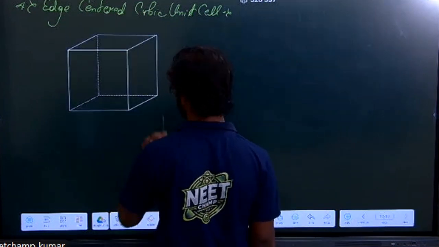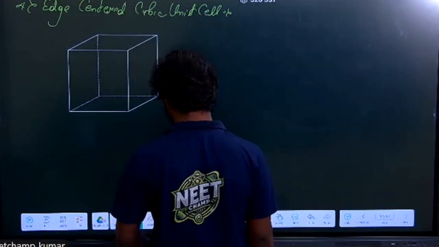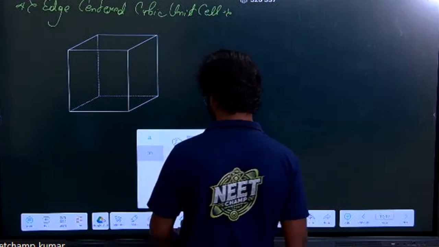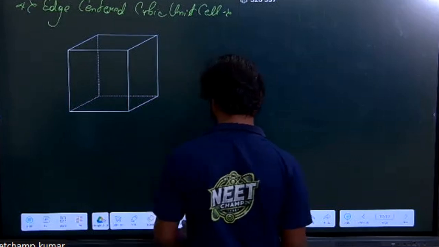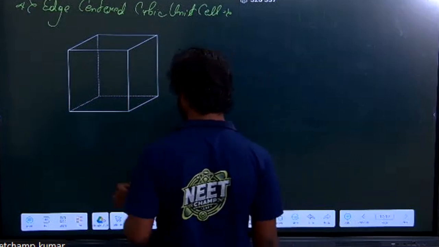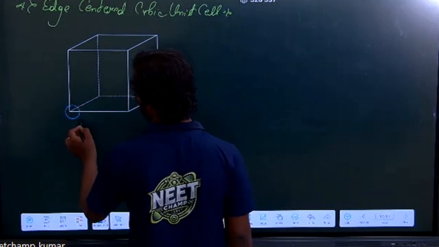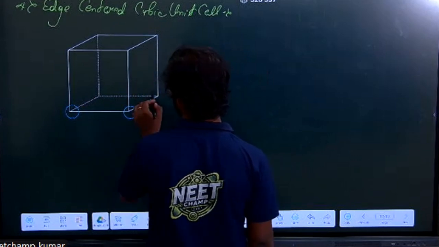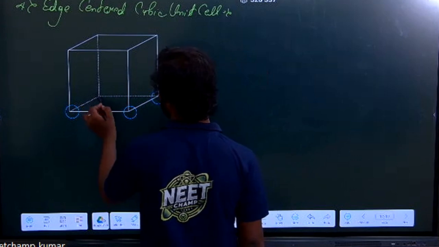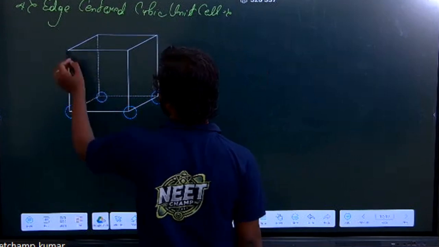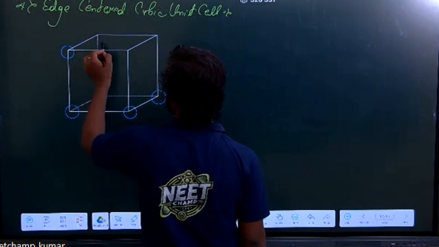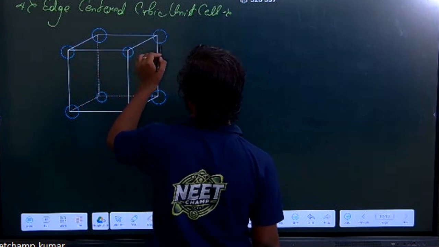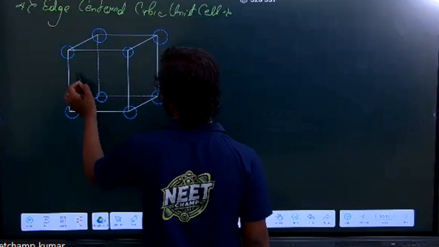Say this is my cube. It's a very simple geometry. There will be atoms at the corners, and there will be atoms at any two opposite faces.